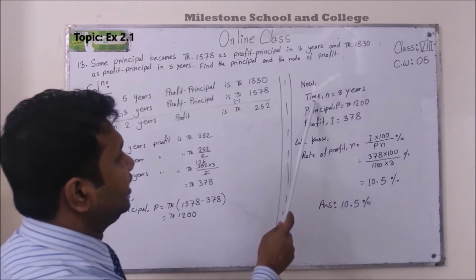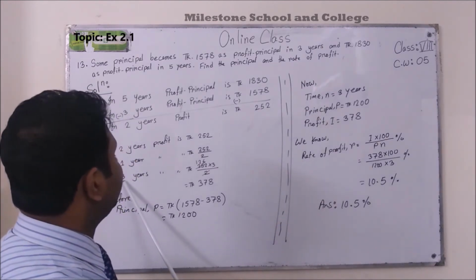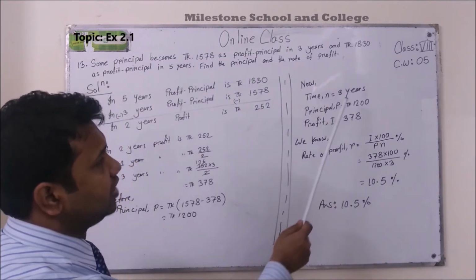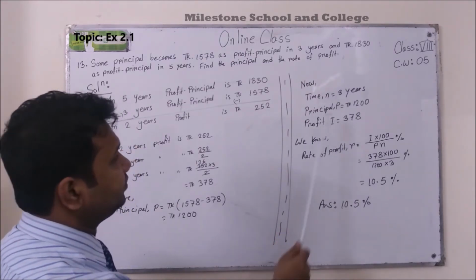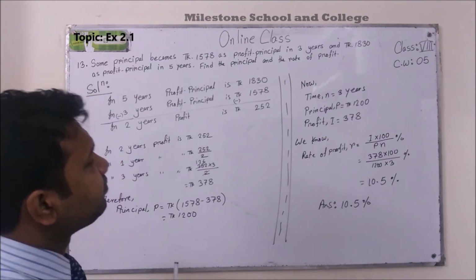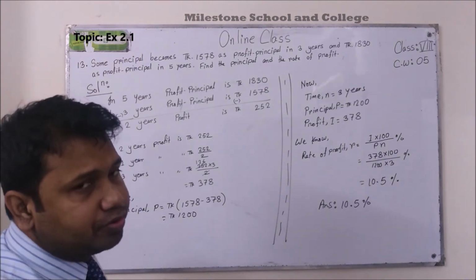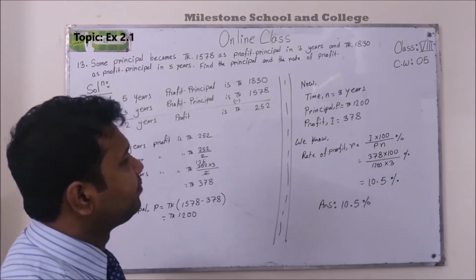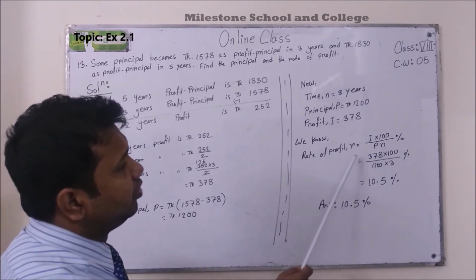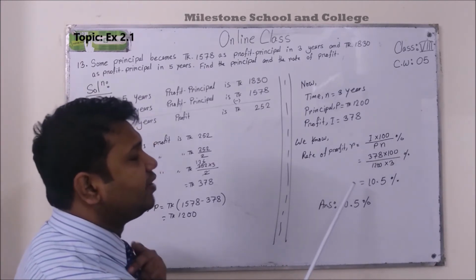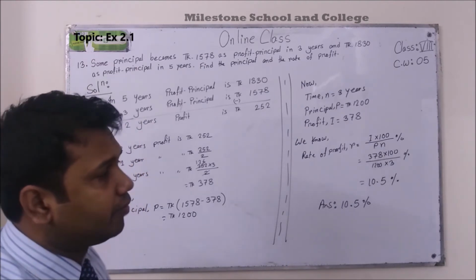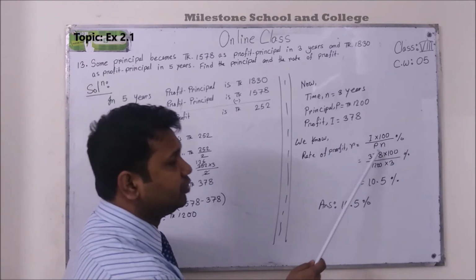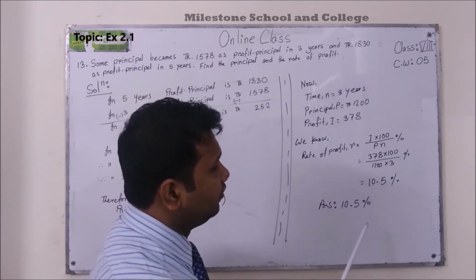Now I just found out the profit of 3 years, so timing is 3 years, principal I got, that is 1200 taka, and profit I equal to 378 taka. So rate of profit R equal to I into 100 by Pn, that is the formula of rate of profit, and we use all the values here.